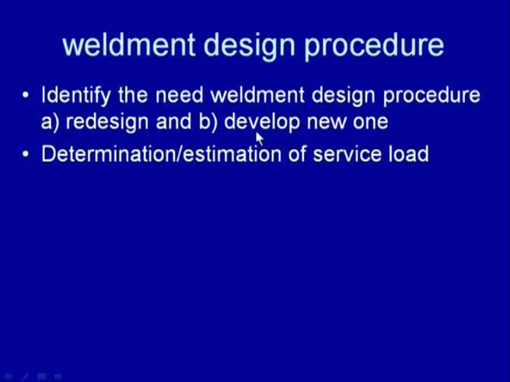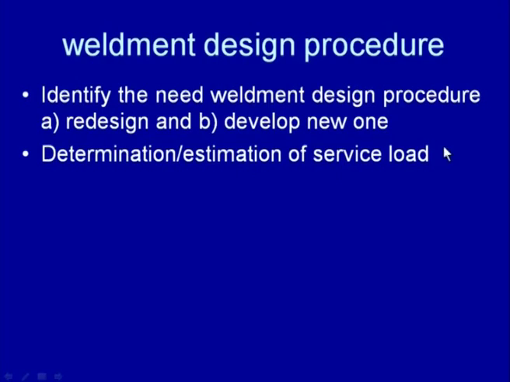While for developing a new joint, again keeping the service conditions in mind, the various aspects related to the weld joint design are considered, and this will involve first the determination of the service load, meaning the maximum load which is expected in the weld joint during service.